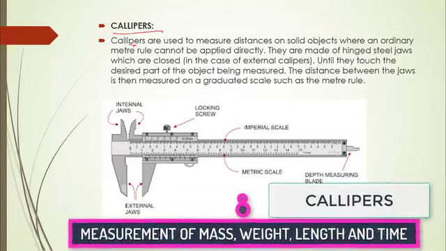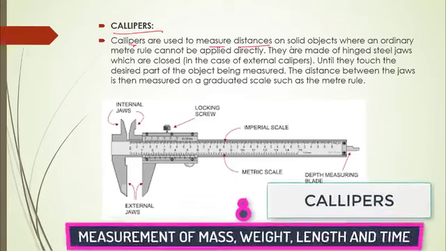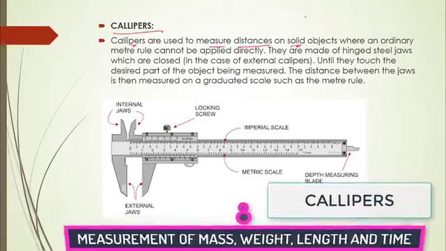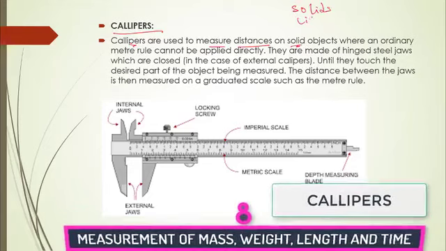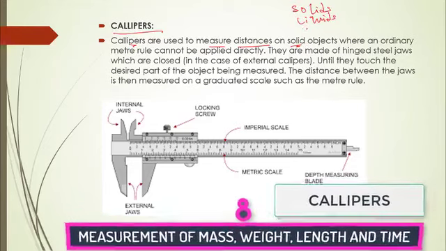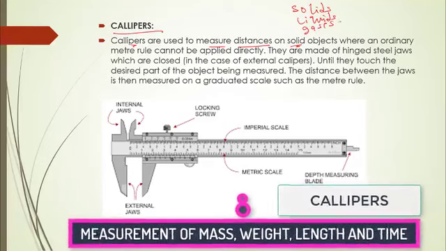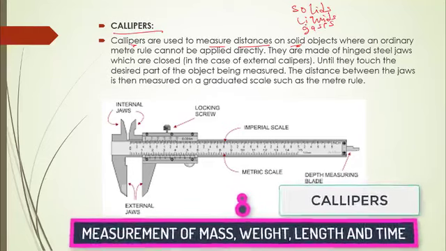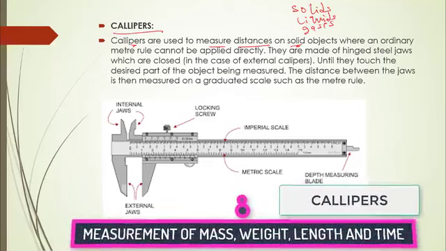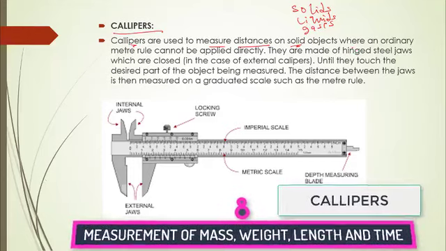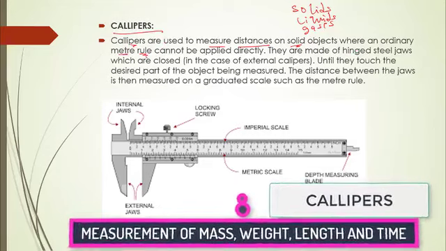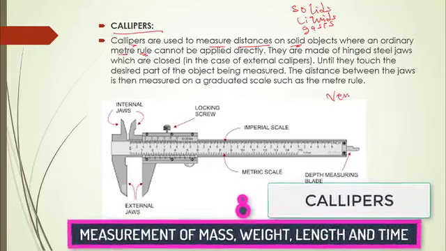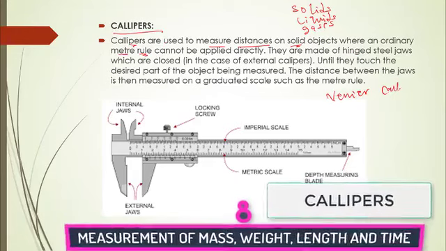Calipers are used to measure distances on solid objects, because matter exists in 3 forms: we have solids, liquids, and gases. Why do we use calipers to measure distances on solid objects? There are some situations where an ordinary meter rule cannot be applied directly, so we make use of calipers. Precisely, the name is vernier caliper.